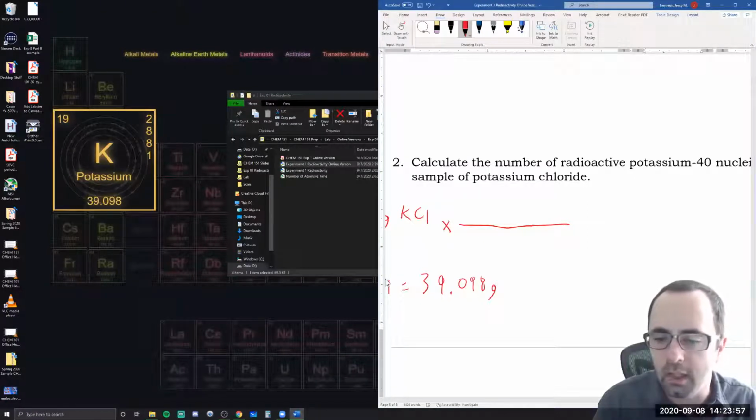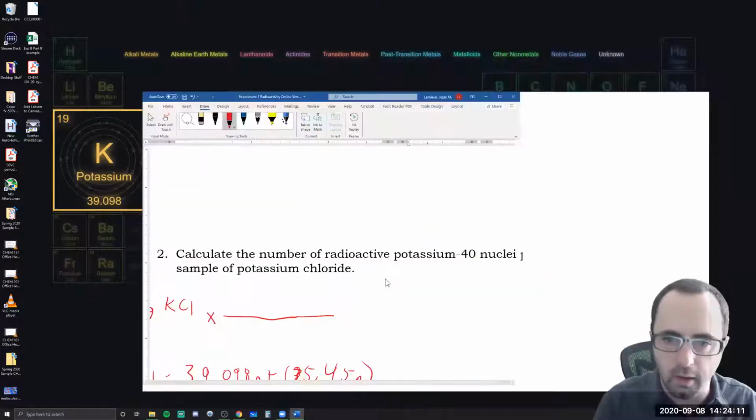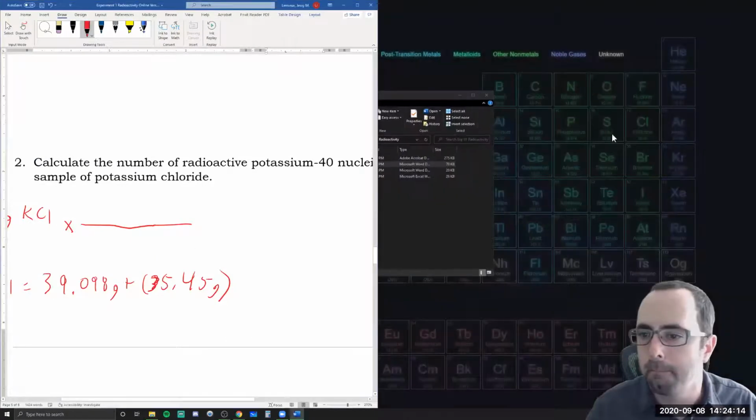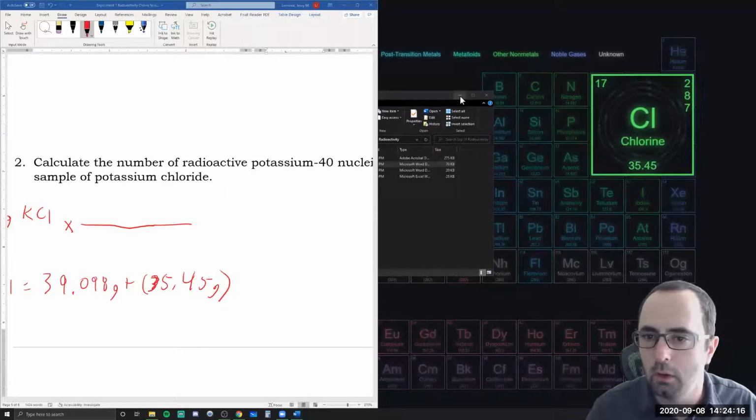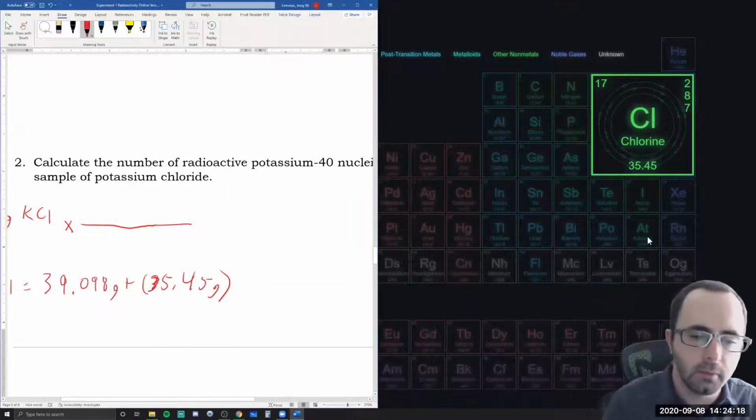I probably only get like 2 at the end. 39.098 grams plus the chlorine, which is 35.45 grams. And that's right here. So we'll calculate that, and that's going to be our molar mass here.